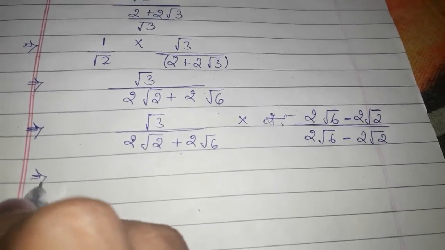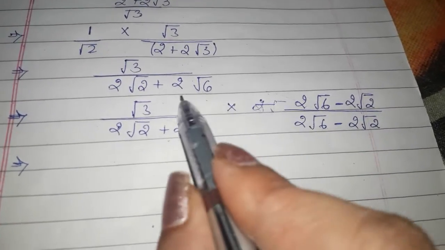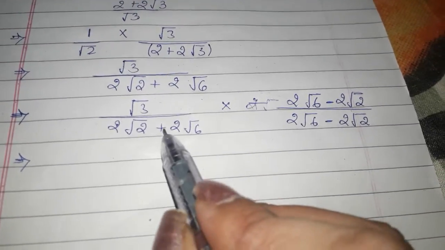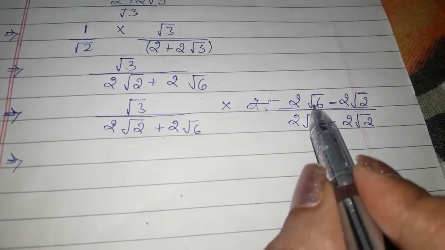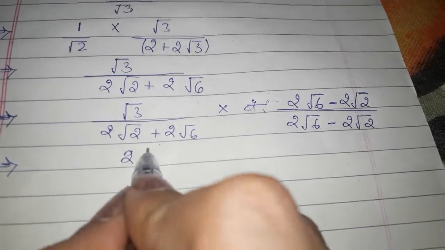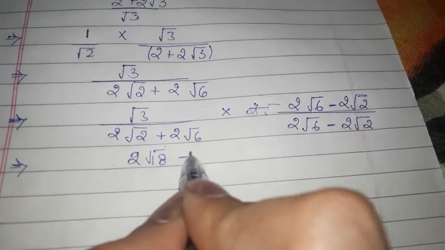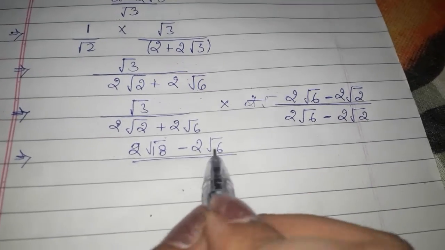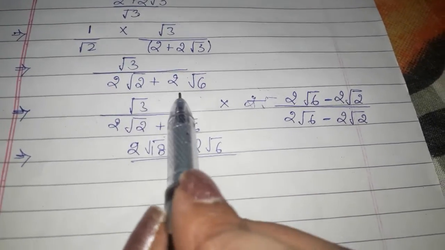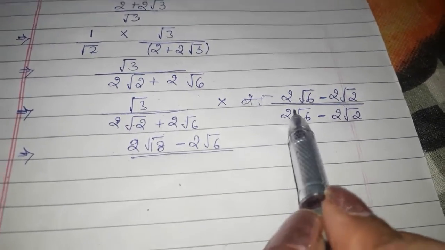Now we have to multiply root 3 to this and both the denominator terms. Root 3 multiplied by 2 root 6 will become 2 into root 18 minus 2 into root 6 upon, in the denominator you can see both the terms as a plus b, a minus b.